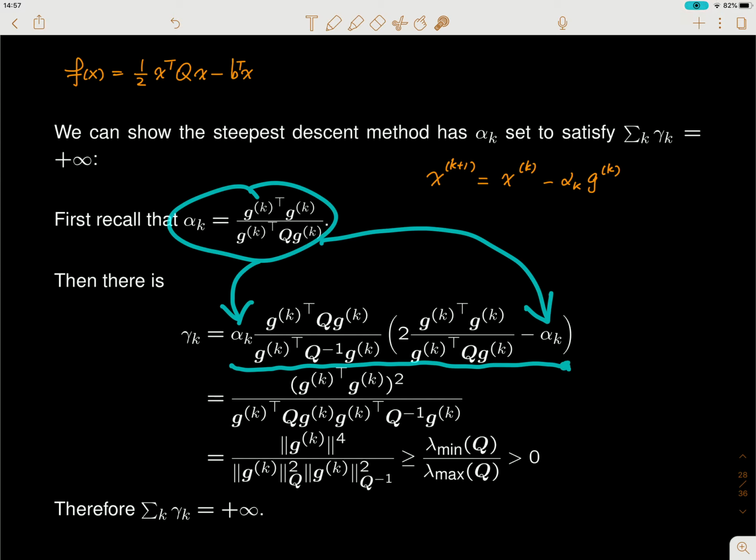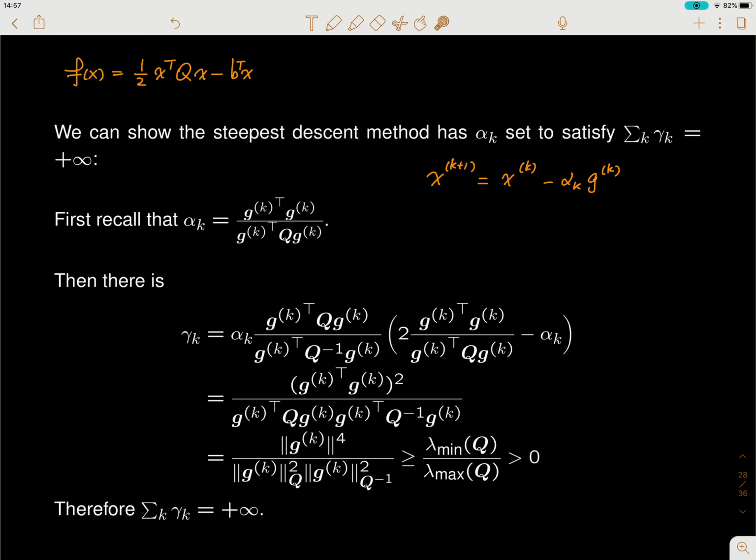Okay, so we just straightforwardly plug this alpha k inside, and we'll realize that this alpha k is just this one here, right? And that is the same as this one here. So I basically just have 2 times this inside minus 1 times that. So that gives me just the alpha k for this whole parenthesis, just 1 times this part.